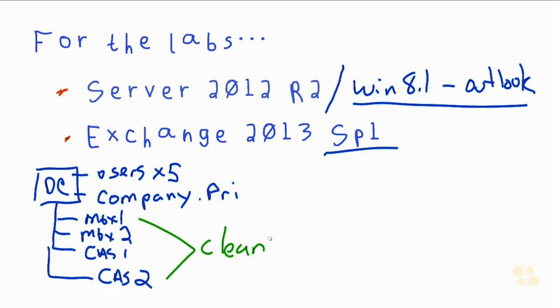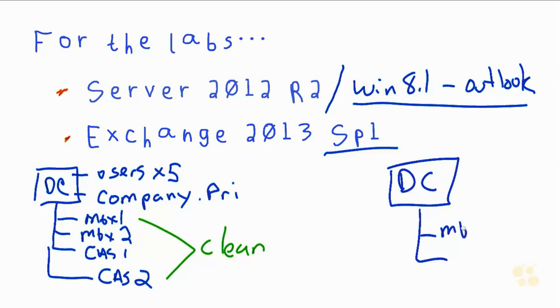Now there's an alternative environment that you could set up that would be probably quicker and easier. You won't be able to do all of the high availability stuff though. But it's a simplified environment if you don't have the hardware resources for this. And you can do this on your laptop even if you wanted to. As a matter of fact, I have the large environment on my laptop, but here's a domain controller, and you can just have a mailbox role and a single CAS role.